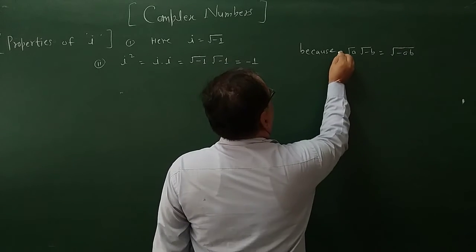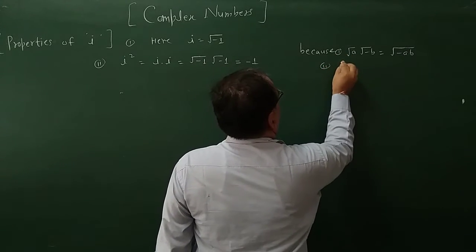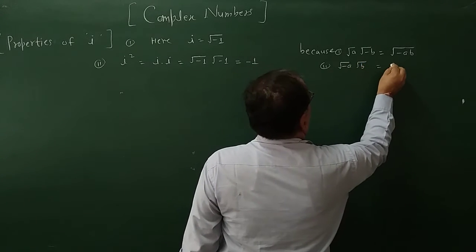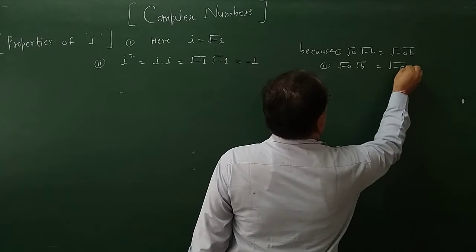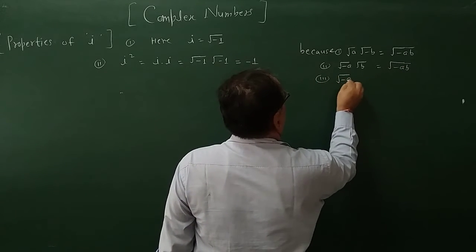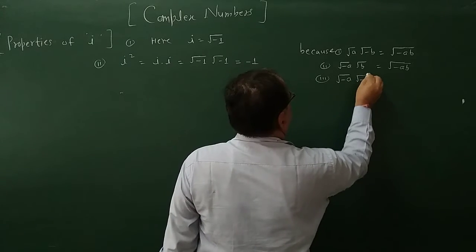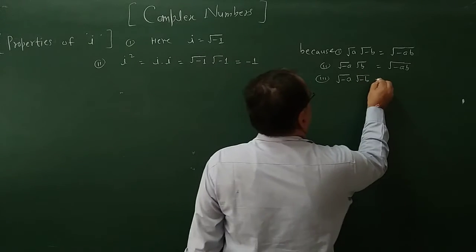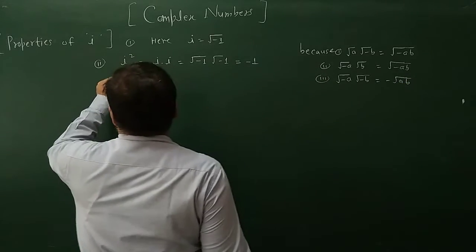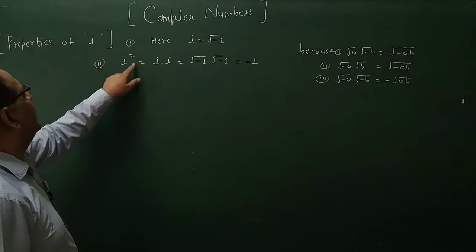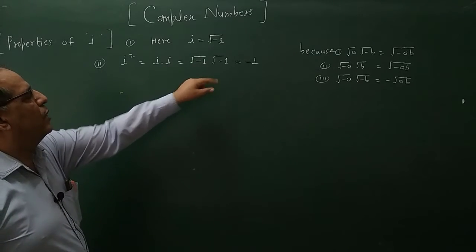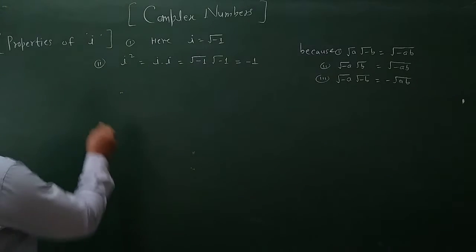Another property: square root of minus a into square root of b equals square root of minus ab. But if both are negative inside the square root, then we have minus of ab. So here we apply this property: iota square equals minus 1.